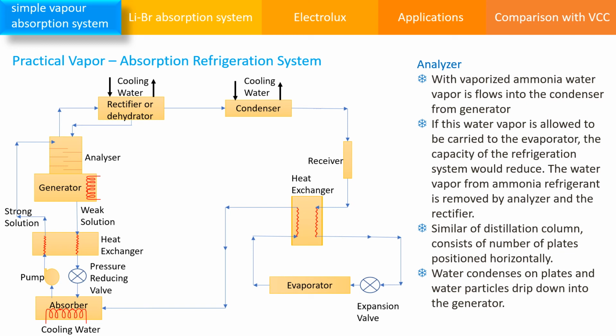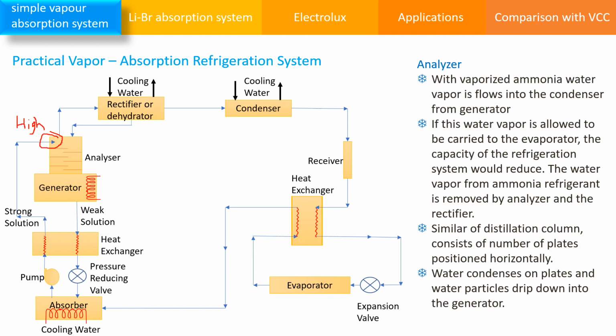Here the strong solution is already at higher pressure due to the pump and the heat exchanger, which we will explain afterwards. So at this point there is a high pressure hot solution, and some ammonia vapor is already leaking out of this. This ammonia vapor passes through the rectifier to the condenser.